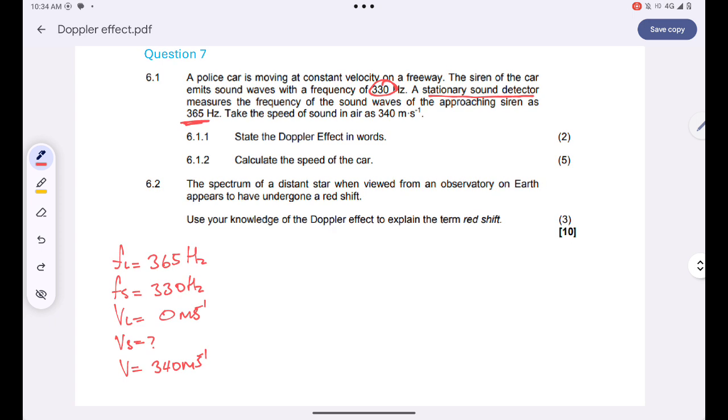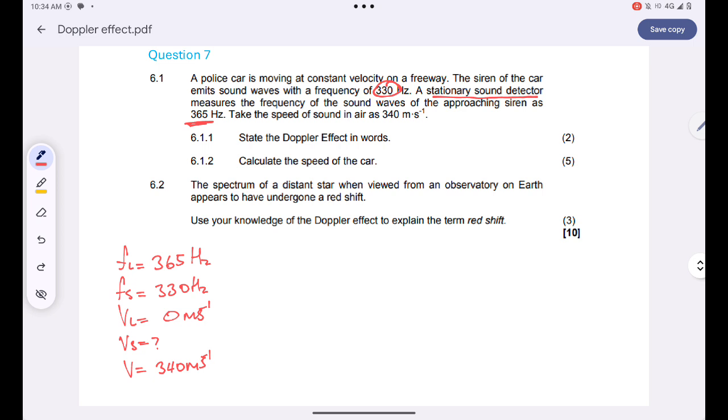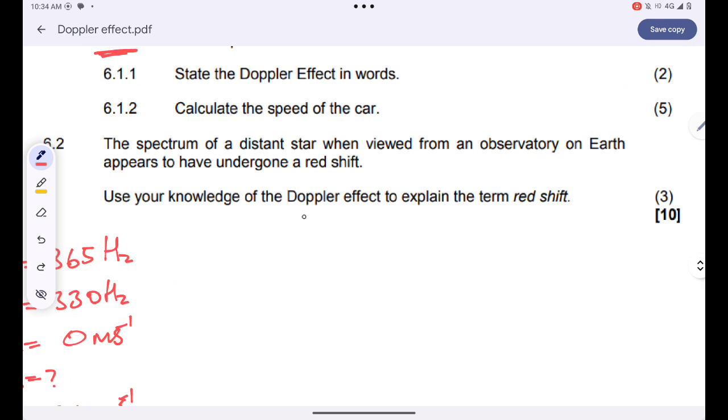Then 6.1.2, they want us to calculate the speed of the car. I have my original equation there in the formula sheet. It simply says fL is equal to v, which is the speed of sound, plus or minus the speed of the listener, over v plus or minus the speed of the source, all multiplied by the frequency of the source.